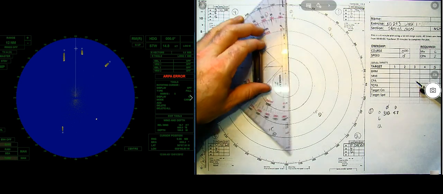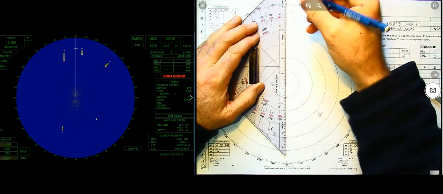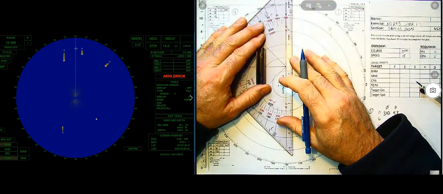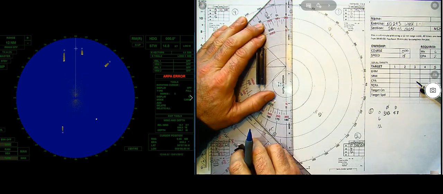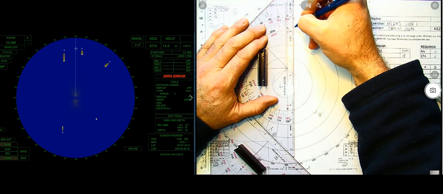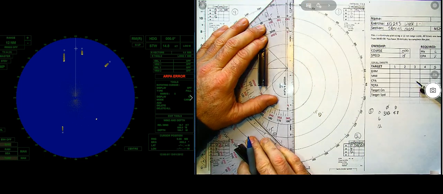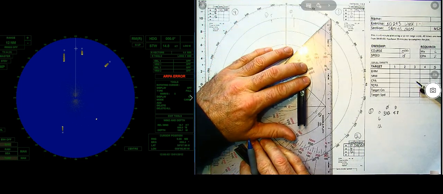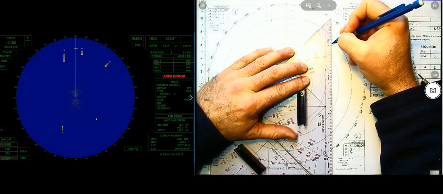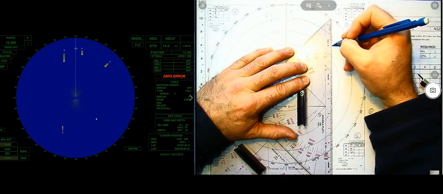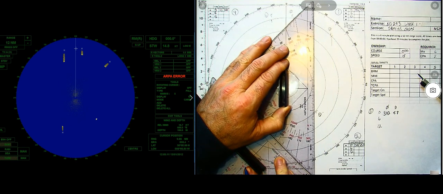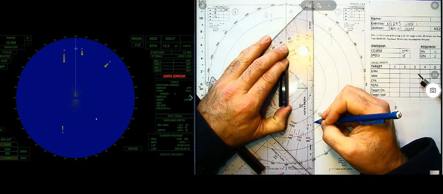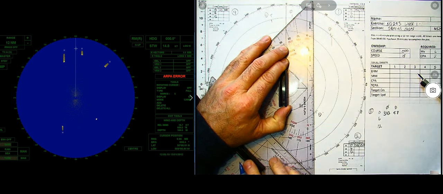So what I'm going to do now is plot my E. So to plot my E, I'm going to take my heading, my heading flash, and I'm going to reproduce that towards R for each one of these, okay? So I'm going to do this. All right, and it's got to be at least 1.5 nautical miles long, because that's going to end up being my distance in 6 minutes.